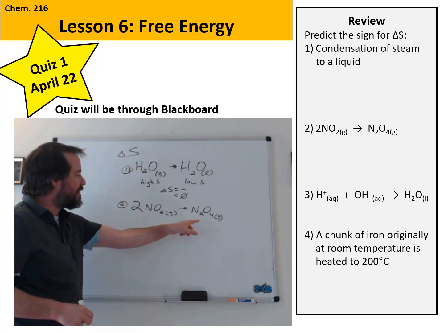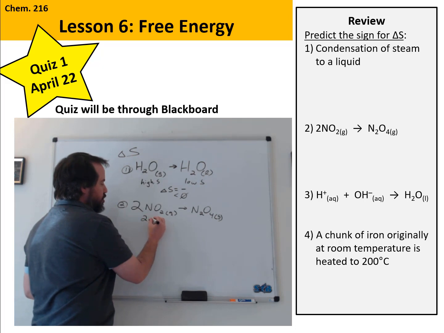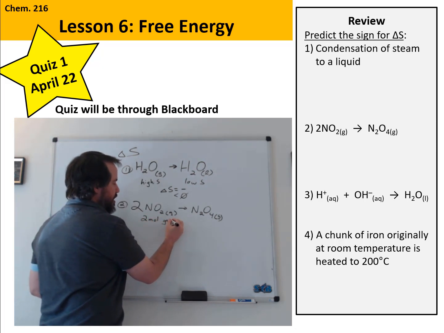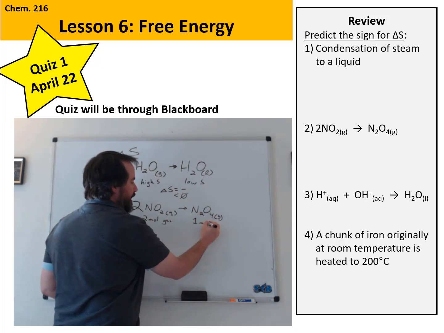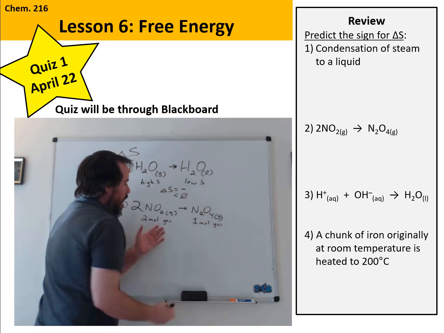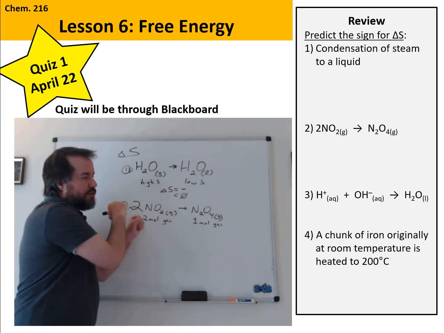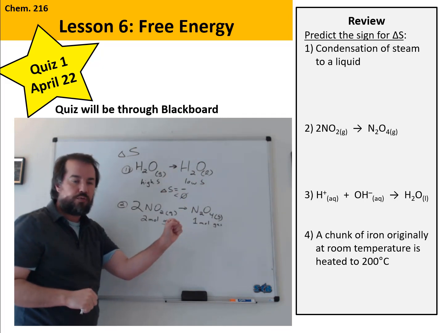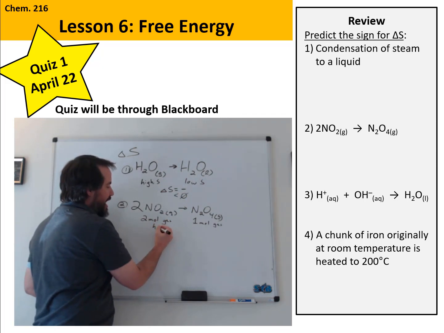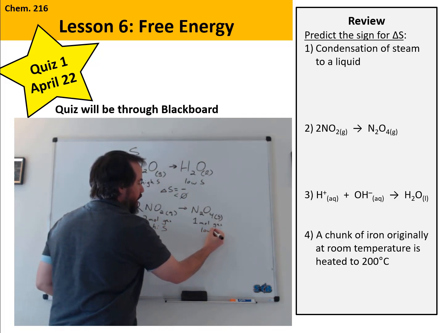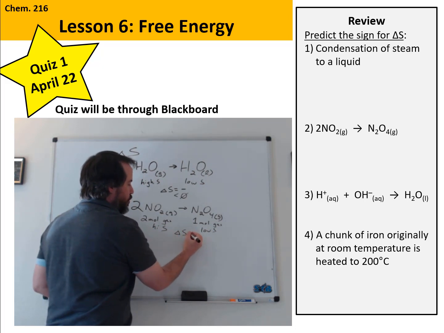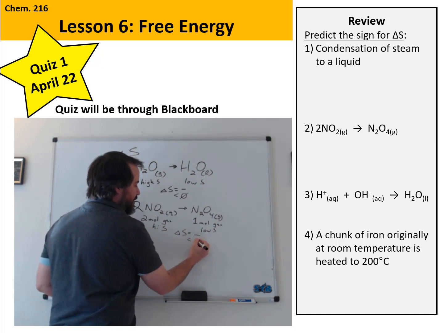What we do is look at the number of moles of gas. This has 2 moles of gas. This over here only has 1 mole of gas. So I'm going from 2 moles of gas floating around to only 1 mole. So this has a high S. This will have a lower S. So again, delta S will be negative, or less than 0.